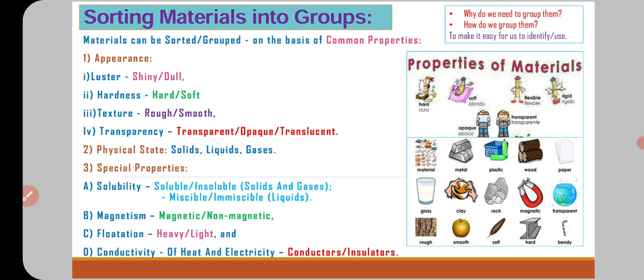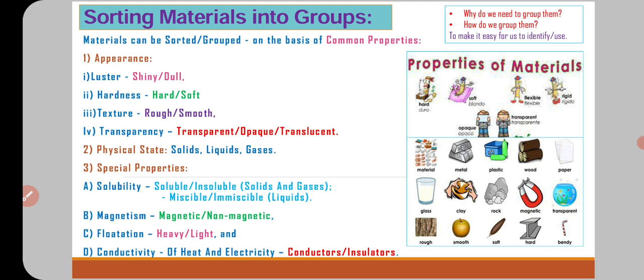Some materials like iron, nickel, and cobalt are attracted to a magnet. So these are called magnetic materials. Non-magnetic materials are the materials that do not attract to iron, nickel, and cobalt.